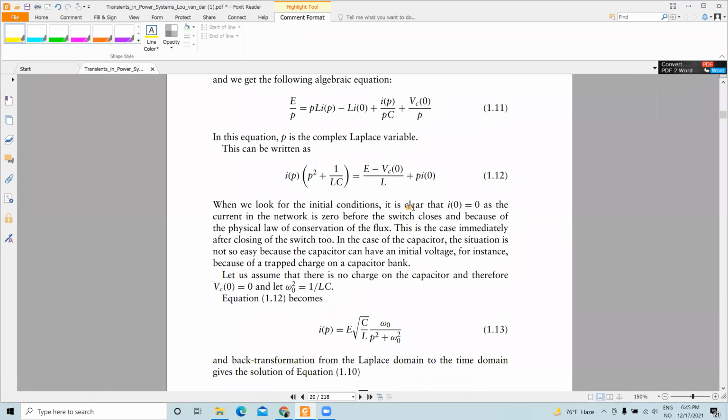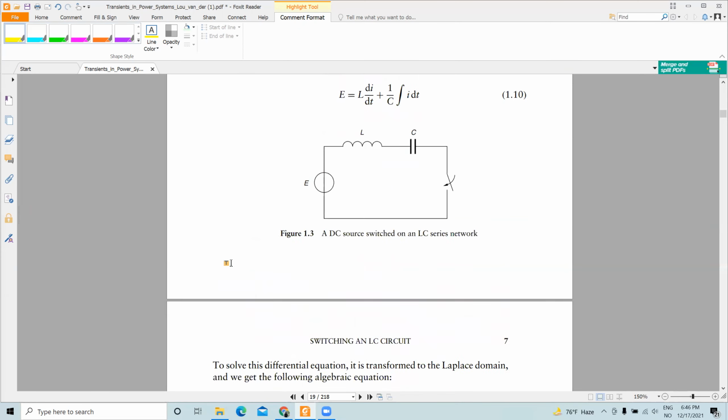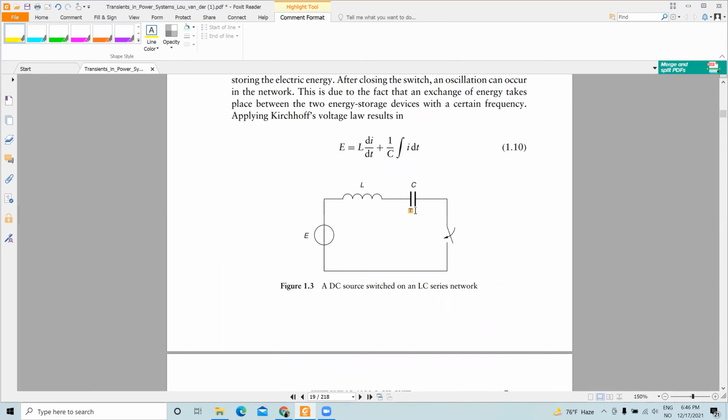And if you set the initial condition of I equals 0, then you will be able to calculate. So let us assume that there is no charge on the capacitor. Therefore, V of C is equal to 0. So that is another initial condition, and then I of 0 is equal to 0. So in the beginning, when t is equal to 0, the current was 0, and the voltage across the capacitor was 0.